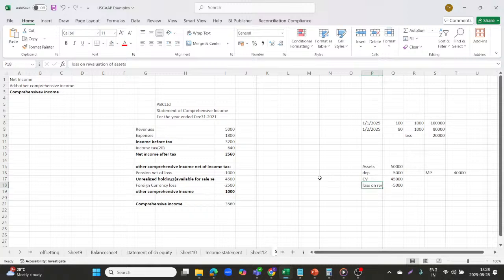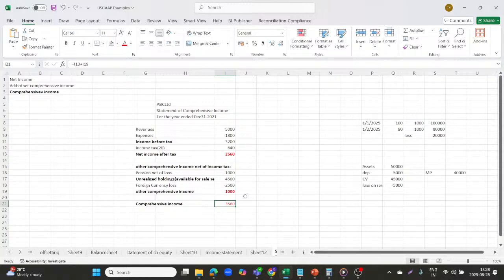And comprehensive income will be the total of the net income after tax and the other comprehensive income. So these two totals will show you here. Okay, you will get 3560. This is the formula.